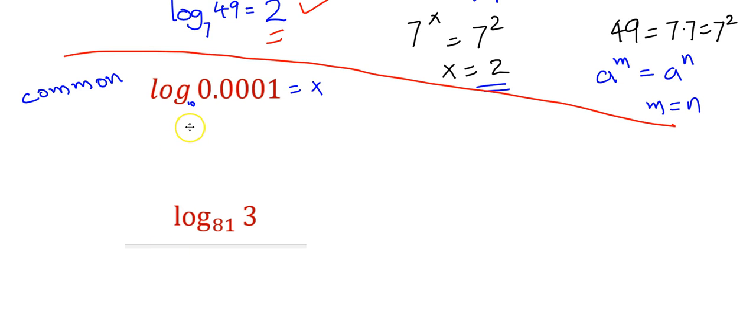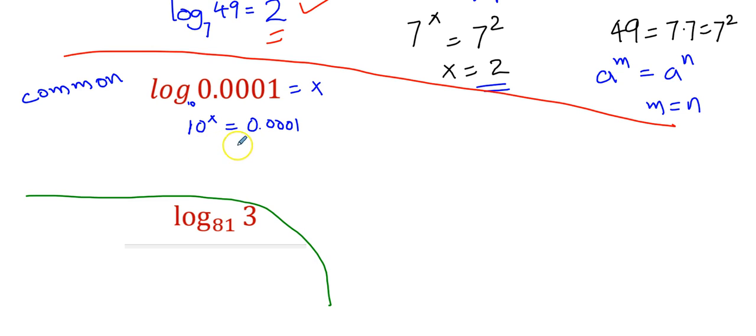The base on the left hand side is 10, and on the right hand side you have a decimal form. So we have to try and convert this decimal form into a fraction, and from that fraction we should try to transform it into a number with a base of 10. So let us try.